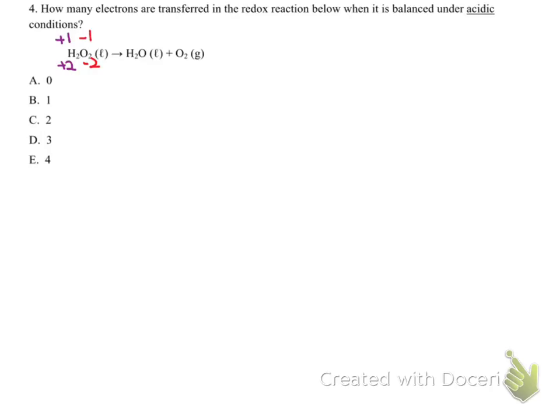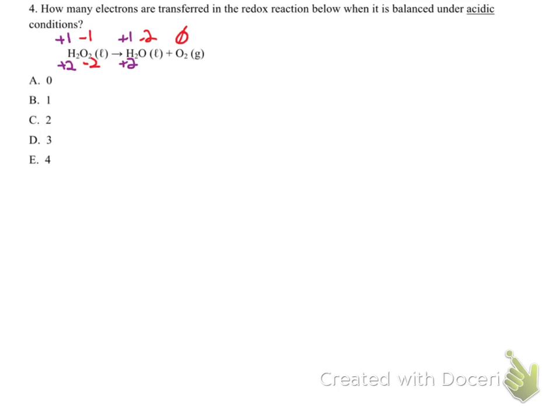Well, now let's try figuring out what the oxidation states on the other side are. Over on the products, oxygen is in its neutral diatomic state, so it has an oxidation state of 0. Meanwhile, in H2O, if we use the same rules that we used before, we can see each hydrogen is plus 1 for a total of plus 2, which means that our oxygen is back to good old minus 2.